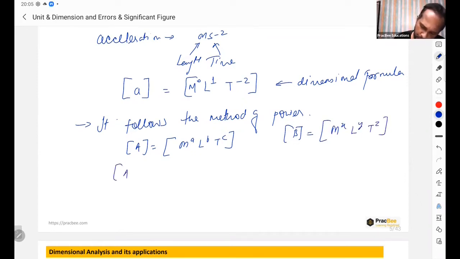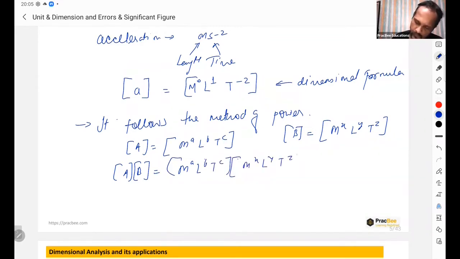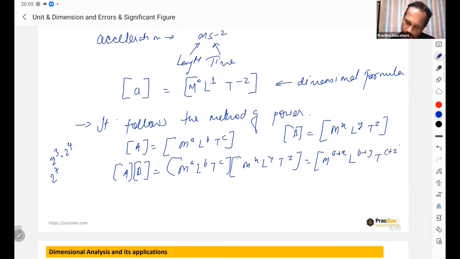If you multiply A and B, this leads to multiplication of these two formulas. Whenever we multiply powers, like 2 to the power 3 multiplied by 2 to the power 4, this is 2 to the power 7, since 3 plus 4 is 7. So here this will become M to the power a plus x, L to the power b plus y, T to the power c plus z.